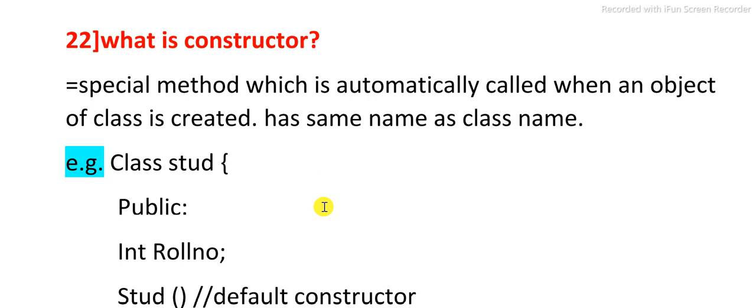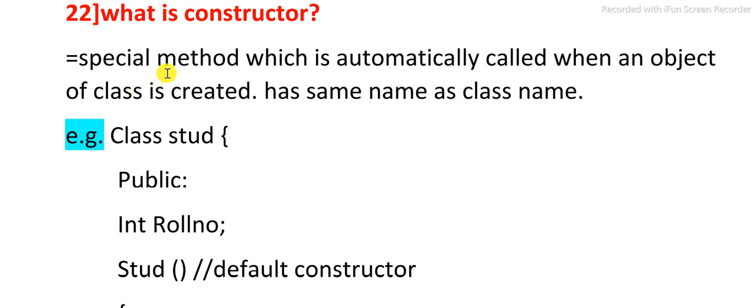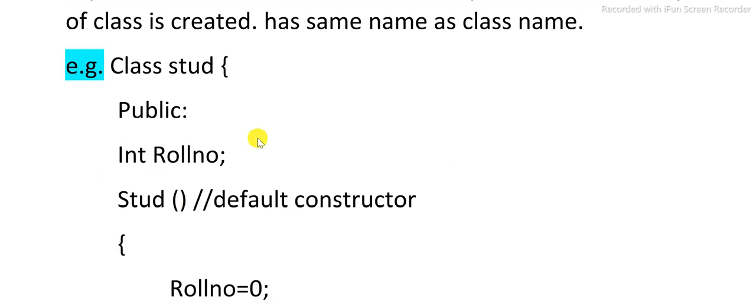What is a constructor? It is used in a class. It is a special method which is automatically called when an object of a class is created. It has the same name as the class name. So we have a class here, class stud, with specifiers such as public and roll number. When I create this class, this constructor is also created.